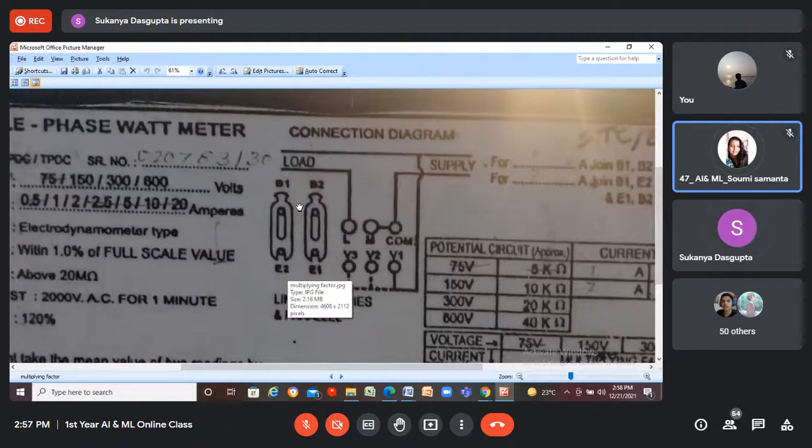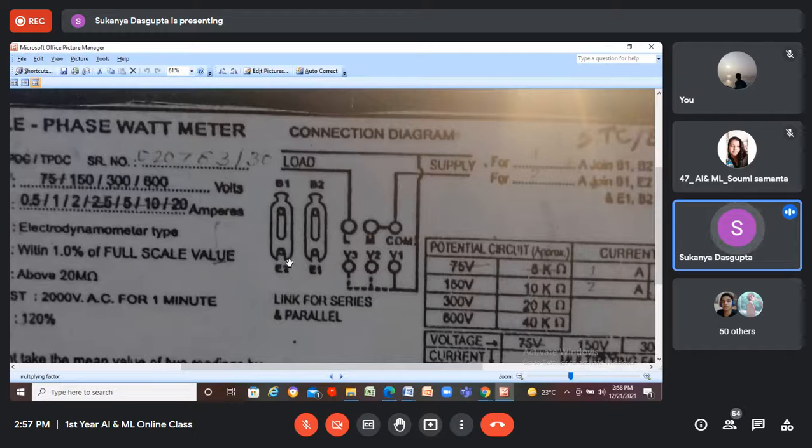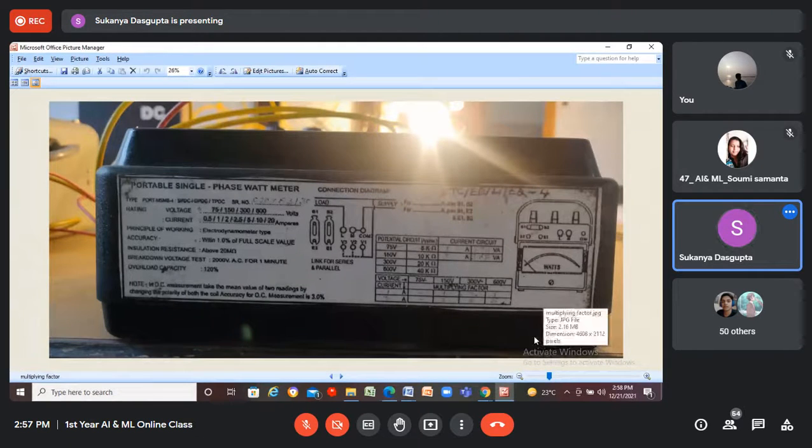So we can connect either B1, E2 and E1, B2, or we can connect only B1, B2. So as per the nameplate, this wattmeter will operate on 1 ampere current. That means the current coil will carry maximum 1 ampere current if we join B1 and B2. And if we join B1, E2 and E1, B2 simultaneously, then the same wattmeter will be operated for 2 ampere current. So nameplate is very, very important.